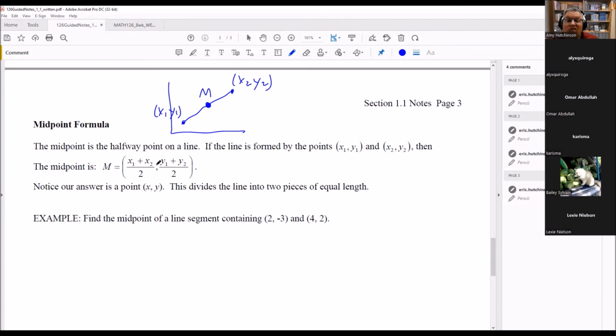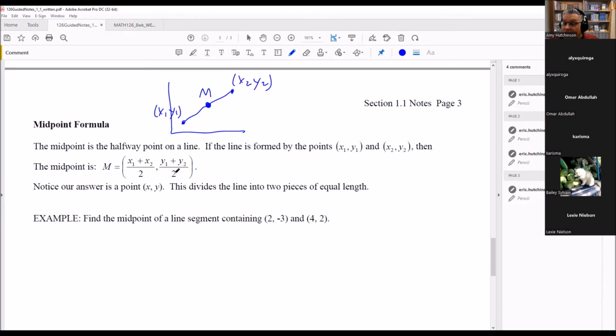So notice that this is different from the distance formula. The distance formula had minus signs on it, but the midpoint formula has plus signs because we're doing an average. And whenever you want to do an average, you're adding things together and dividing by the total number of how many there are. So I have the x's I'm adding together, dividing by 2. So that's what I have here. Okay.